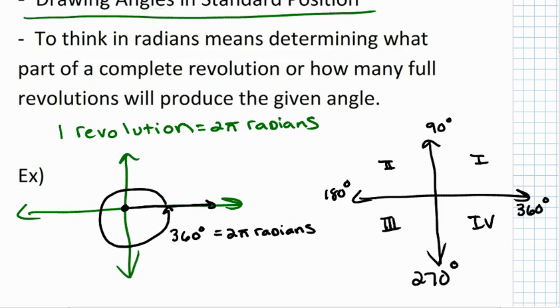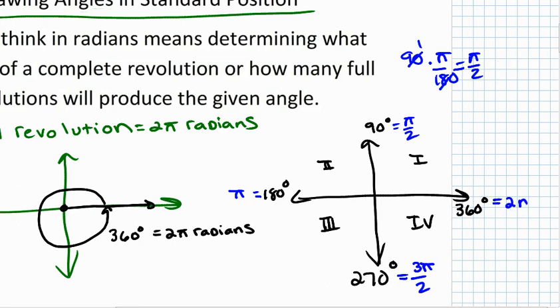But in radians, and remember to convert, for example, 90 times pi over 180, this would be pi over 2. In radians, 180 would be pi. In radians, 270 degrees would be 3 pi over 2. In radians, 360 is 2 pi. So keep that in mind as we're doing the following problems.